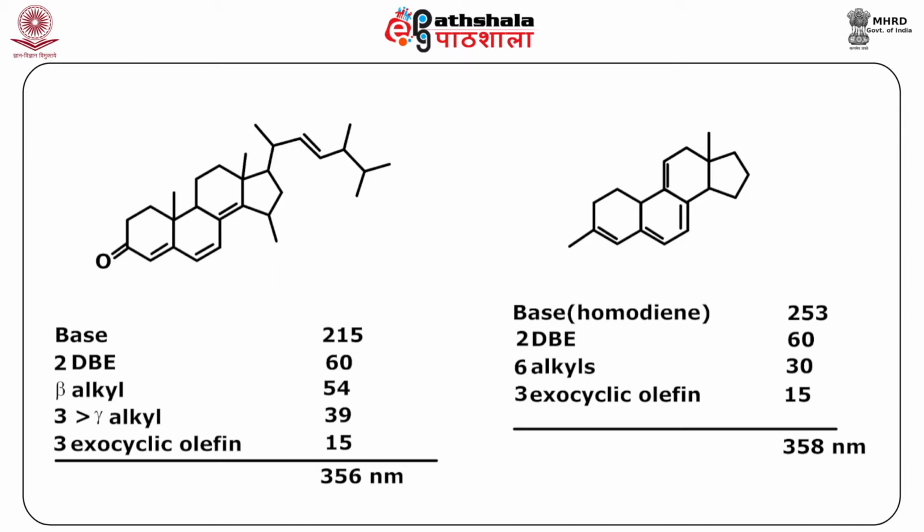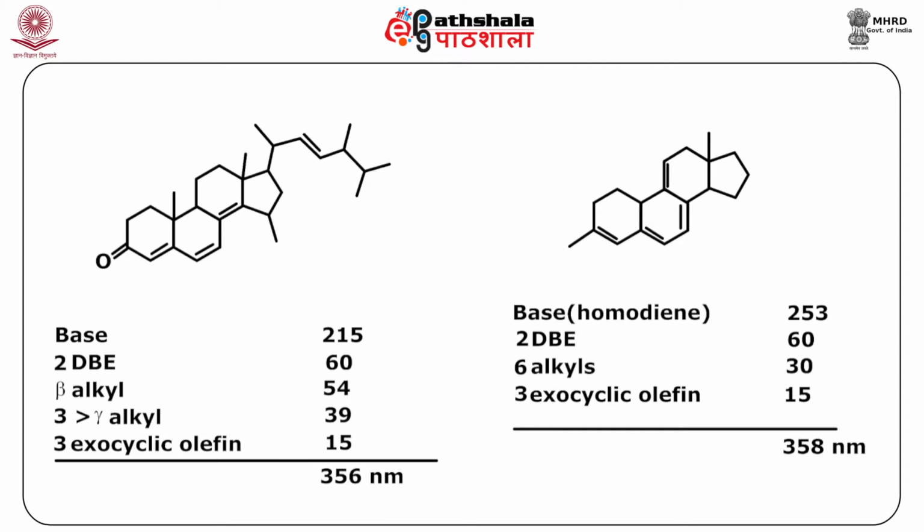We have an alkyl extension at a beta position, so the value of 54 nanometers for that. We have three alkyl groups at the gamma positions, which is 39 nanometers, and the three exocyclic double bond systems, which adds on another 15 nanometers, and that makes a total of 356 nanometers as the lambda max value for this organic structure.